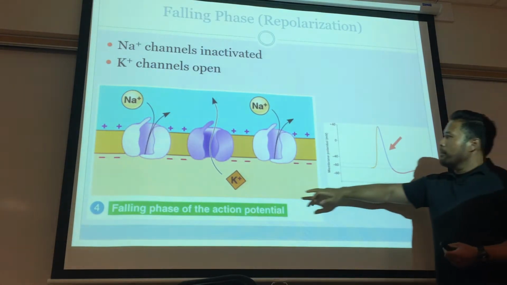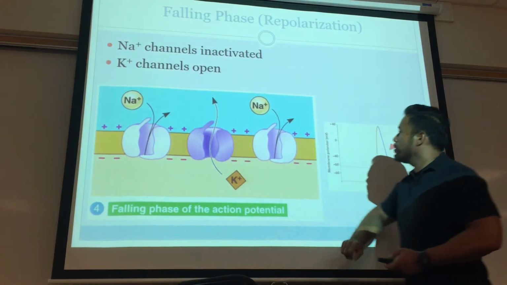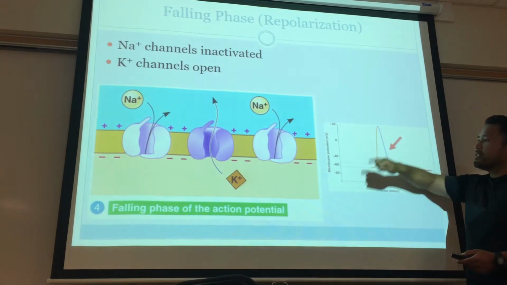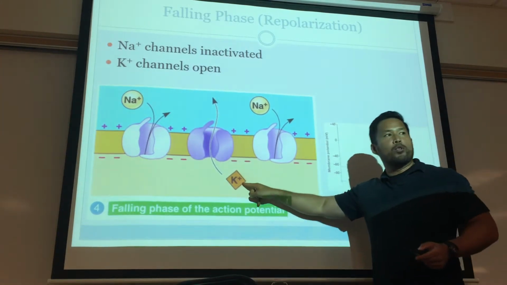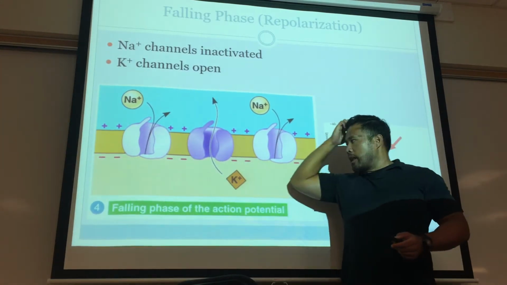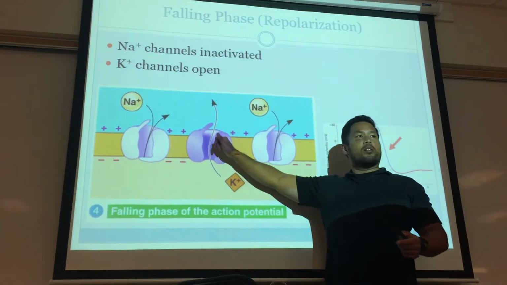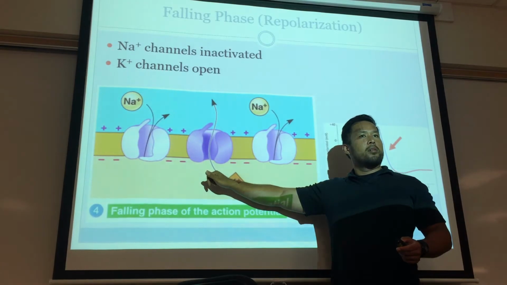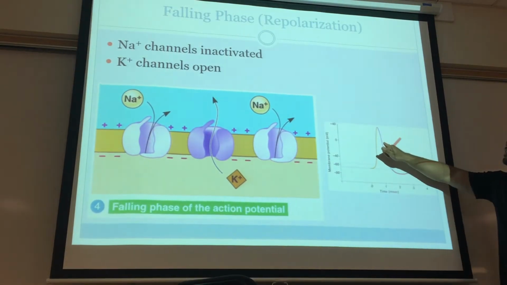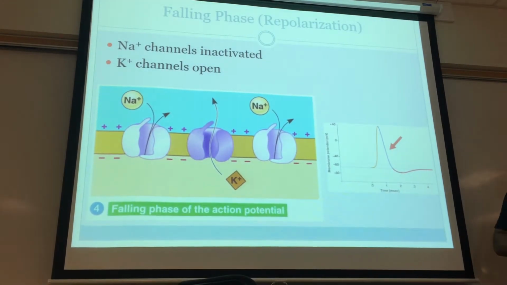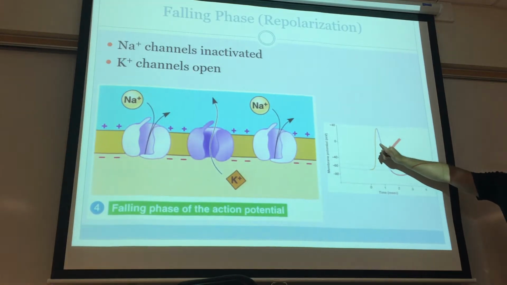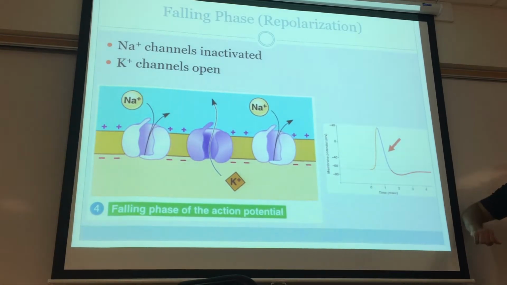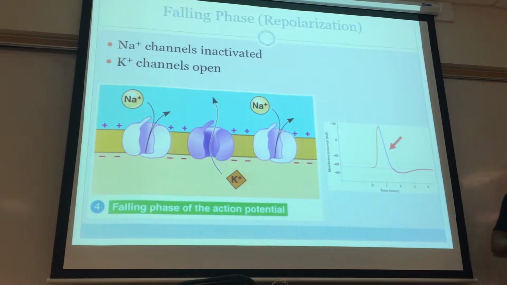At that point these are fully open, and we've got potassium, a positive ion, moving out of the cell. What is that going to do for the inside? Is it going to make it more positive or more negative? More negative. So we start to see the decrease, and this becomes the falling phase. We start to come back down, and eventually we make our way back to negative 70.